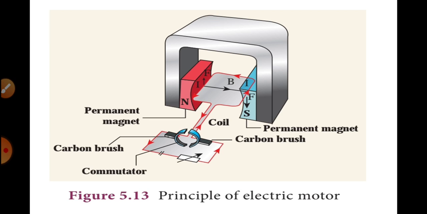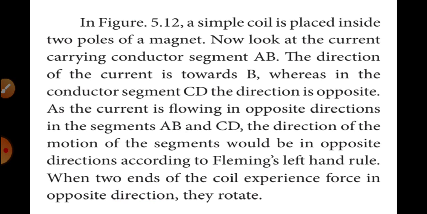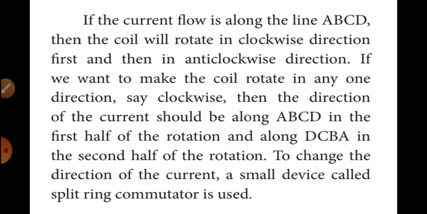Now, how the electric motor works in principle. You have to draw this diagram in the exam point of view. Now, if the current flows along the line A, B, C, D, then the coil will rotate in the clockwise direction.